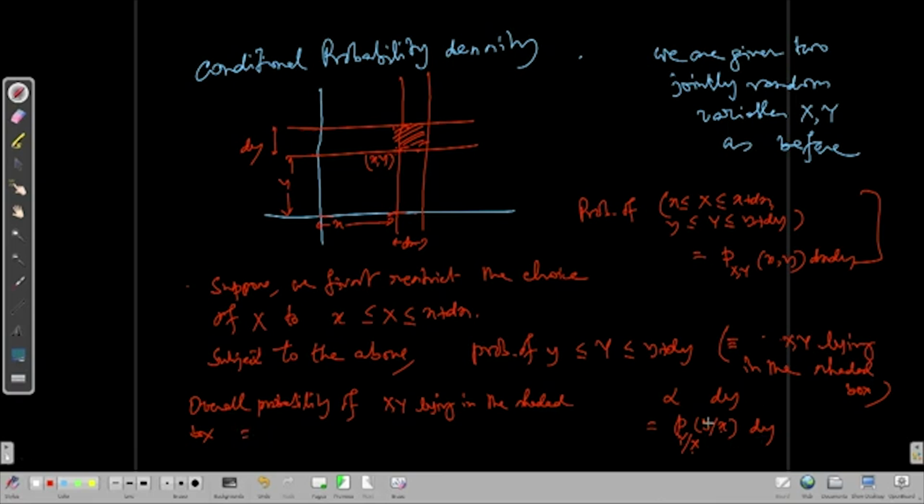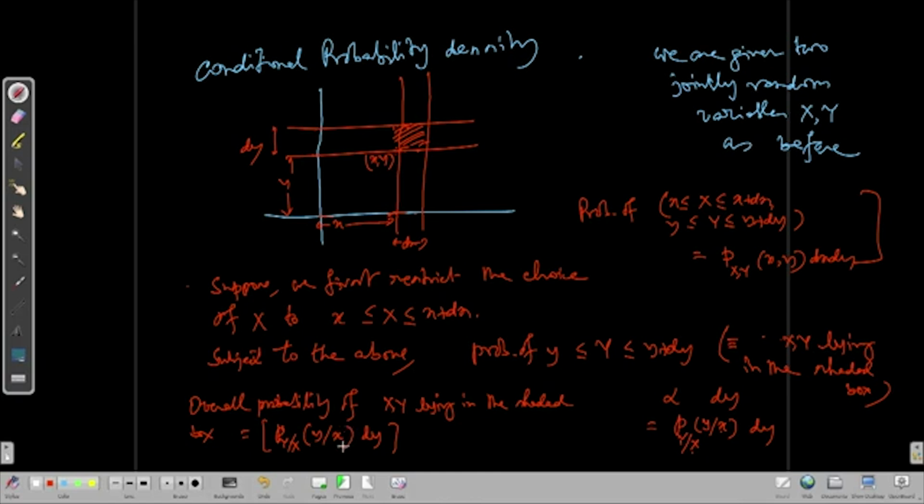This chance. This actually means it is a function of x and y. But we write like this. It means basically capital X takes a value from small x to x plus dx, subject to that capital Y takes a value from y to y plus dy.